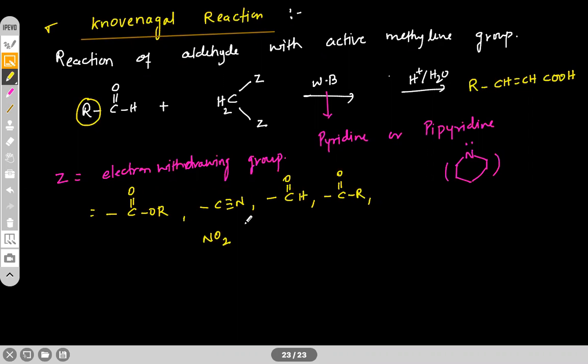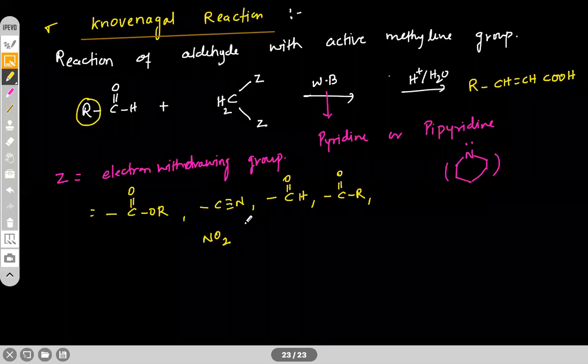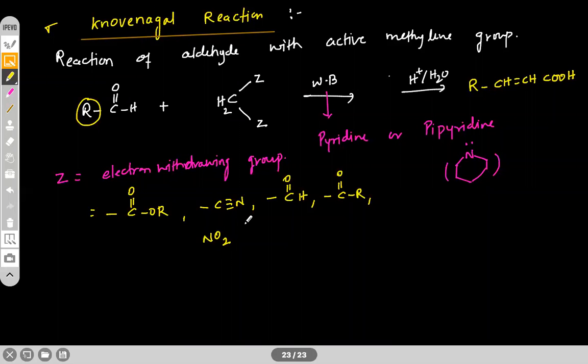Copy this down. These two things you must remember: the electron withdrawing group, and the reaction of an active methylene group plus an aldehyde.